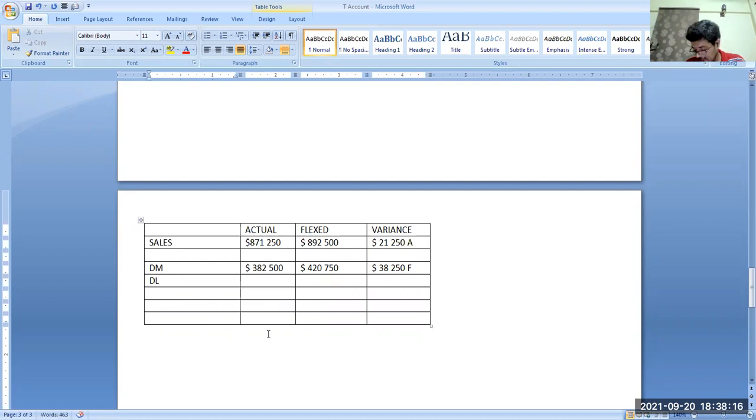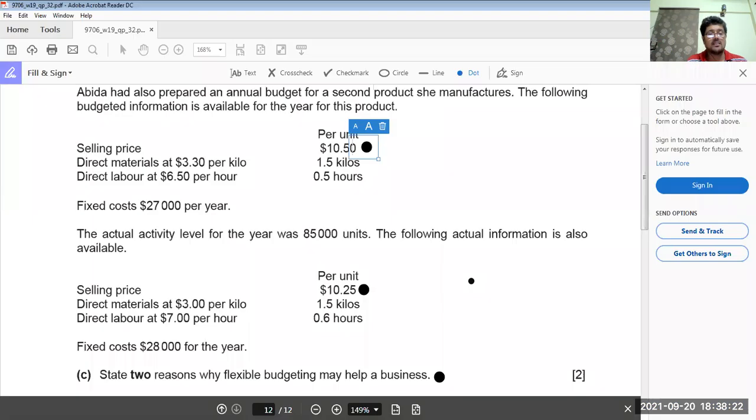DL. Now what's happening in direct labor? See, it's an interesting question. Now direct labor for 85,000 units according to the budget, multiply by 0.5, multiply by 6.5. So they were supposed to spend 276,250.